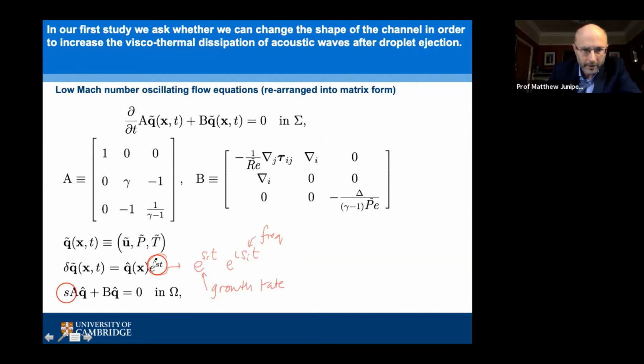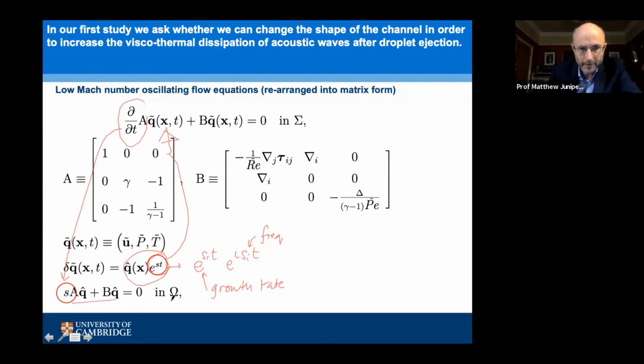And what I do now is I substitute this form into this equation at the top, and the d by dt terms just become s times the original term. So all the d by dt's have turned into s, which pops out here. So my governing equation becomes s times A, this matrix, times the function, plus B times the same function, equals 0 in the space I'm considering.